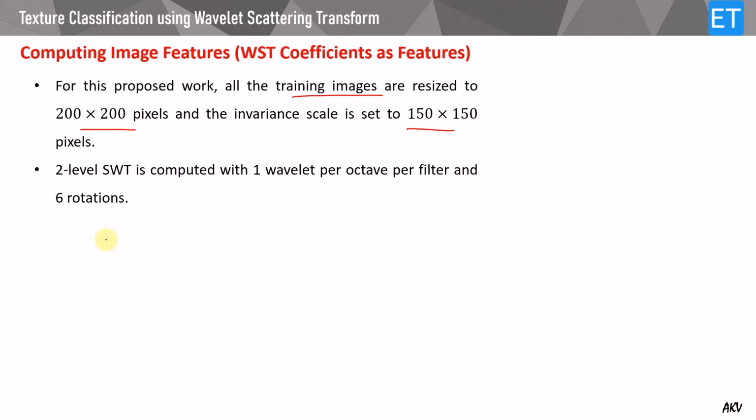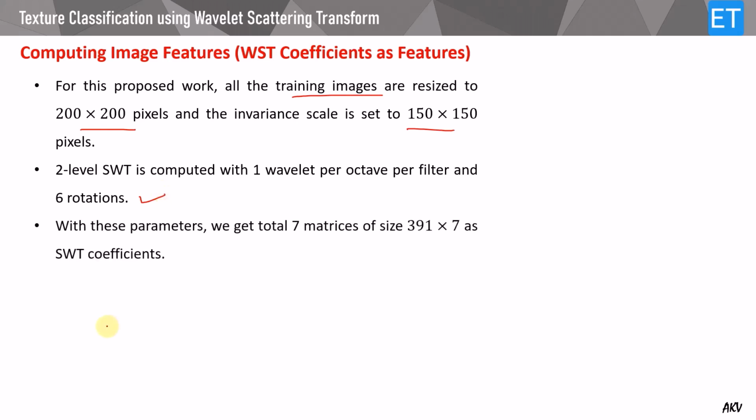The second level scattering transform is computed here with 1 wavelet per octave per filter with 6 wavelet rotations. Again, I'm not explaining these terms as I have already explained them in detail in my previous video. With these parameters, for one single image, I get a total of 7 matrices of size 391 by 7 as scattering coefficients.